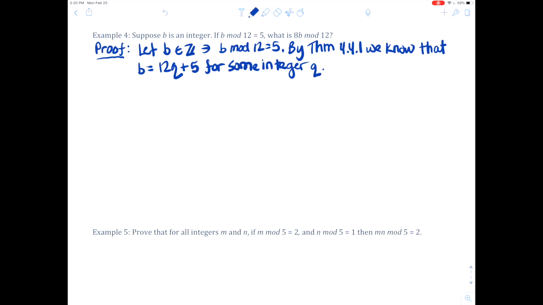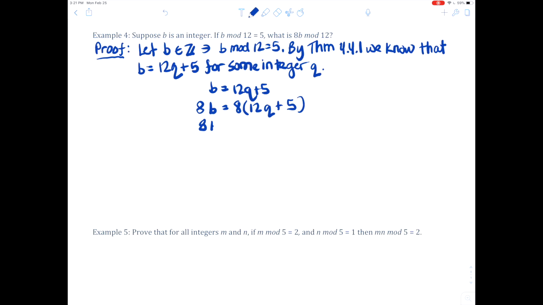All right. Well, let's work with that. So b equals 12q plus 5, right? If I multiply both sides by 8, because I need that 8b, I'm going to get 8b equals 8 times quantity 12q plus 5.